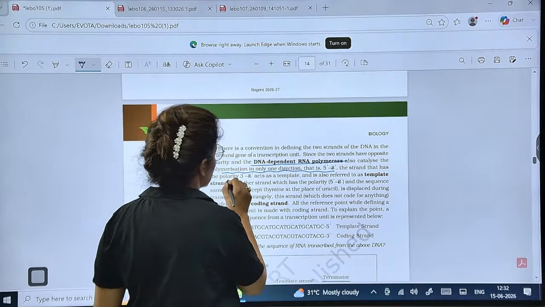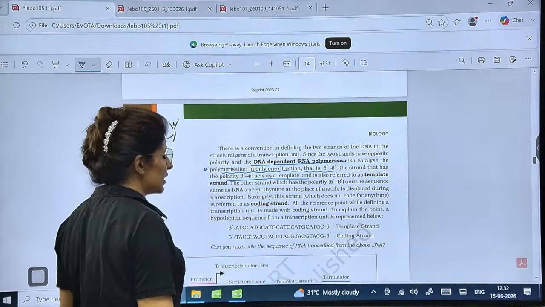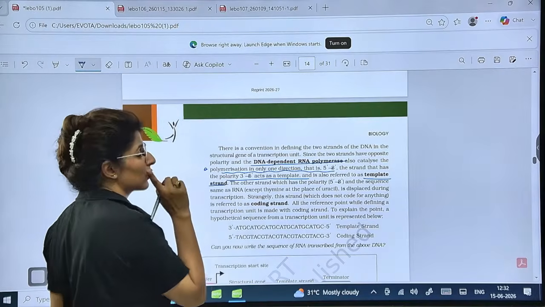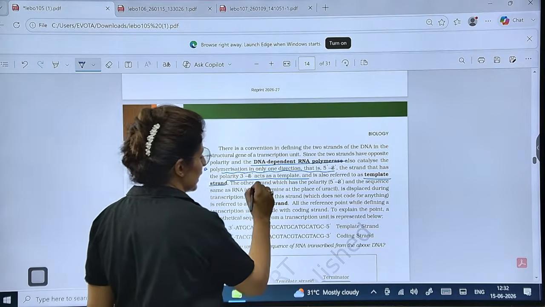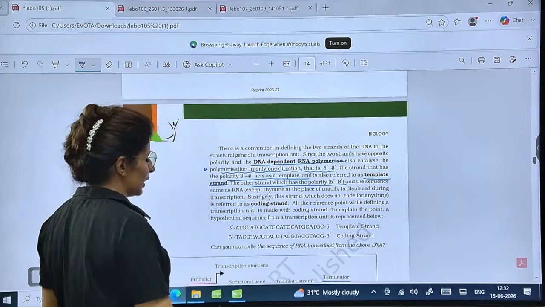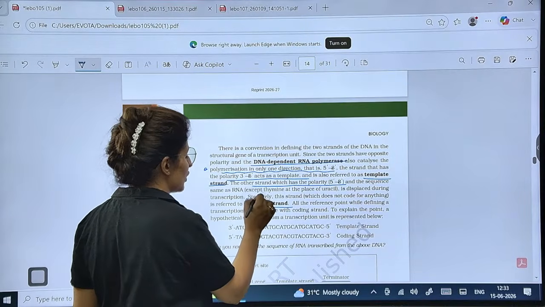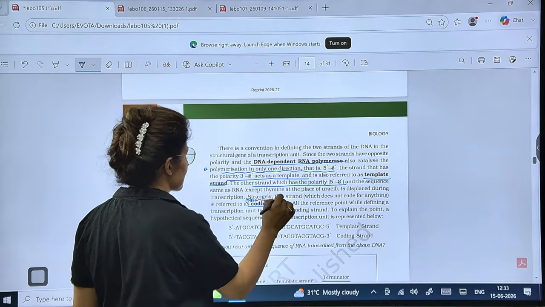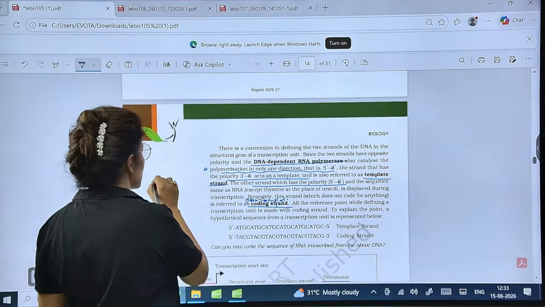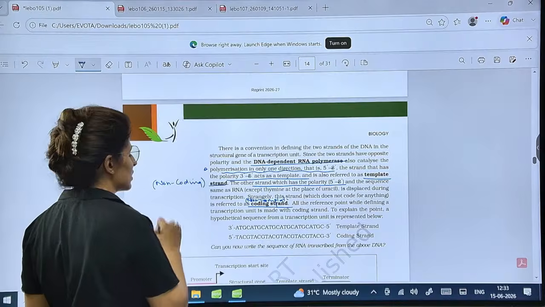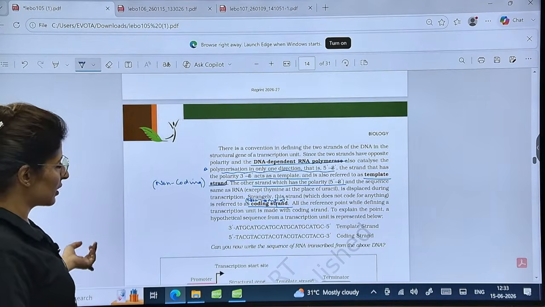Now the polarity 3 to 5 acts as a template strand, and the template strand will be known as the non-coding strand. And the other strand with polarity 5 to 3 is the coding strand. Coding is the non-template, while the template is also known as non-coding. So don't get confused, we are using opposite terminology for this.